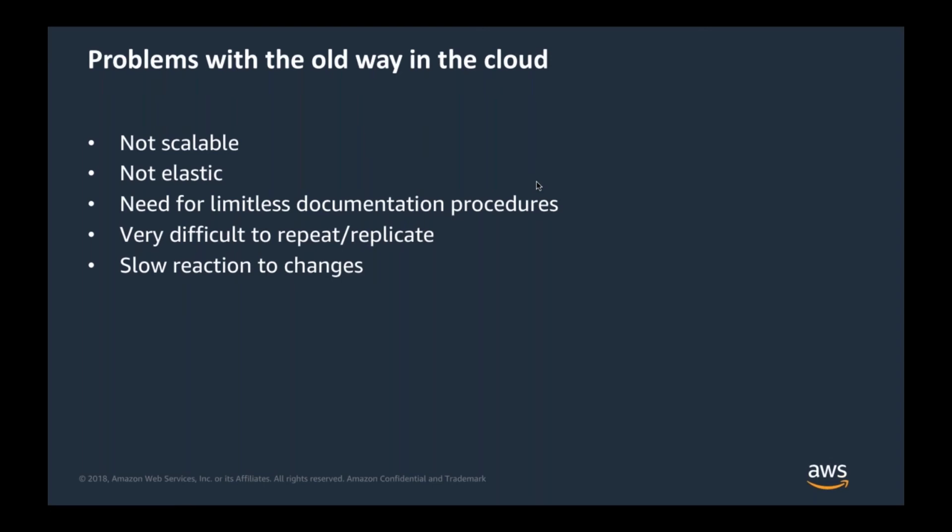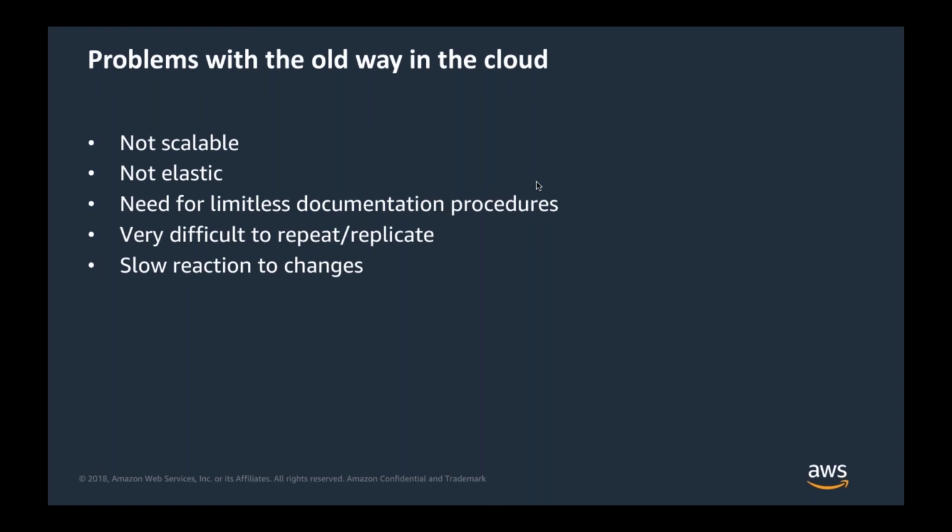Again, we need to document. So limitless documentation procedures. We all know how much we love to document. For every change we make, we need to make a documentation change. Hey, something has changed. We installed a new version of Nginx. Not quite good. And if we wish to replicate our environments for, let's say, testing or QA or staging or something we want to play with, it's not very easy to replicate because we have to get Bob again to go and click, remember what he did or read the documentation he wrote and do it a bunch of times.